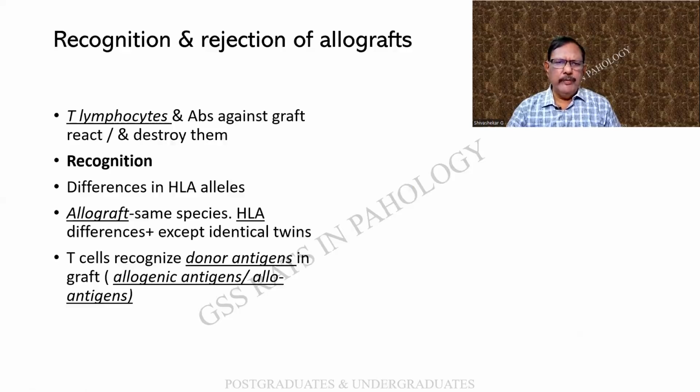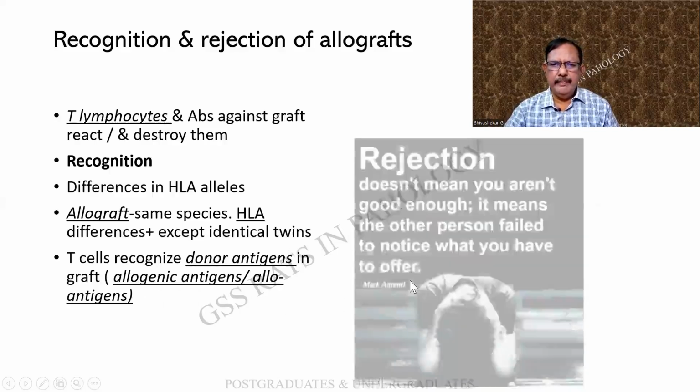There is also a difference between the HLA alleles. That is why a fine HLA typing is mandatory, which differs in all except monozygotic identical twins. The T cells recognize the donor antigens in the graft and they are called as allogenic or alloantigens.